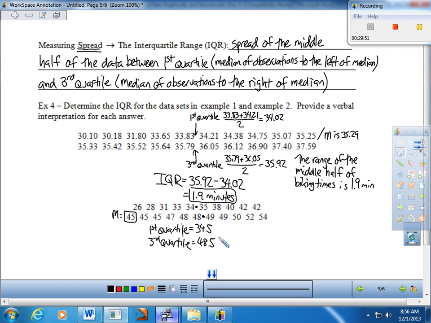And so if we want the IQR here then, let's get that piece nice and easy. So it's the range of the middle half of the terms. And the IQR would be 48.5 minus 34.5. And so 14 years would be the IQR.